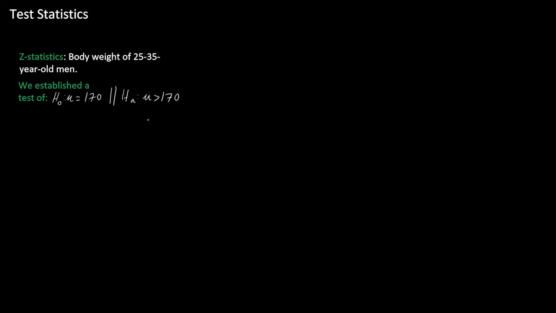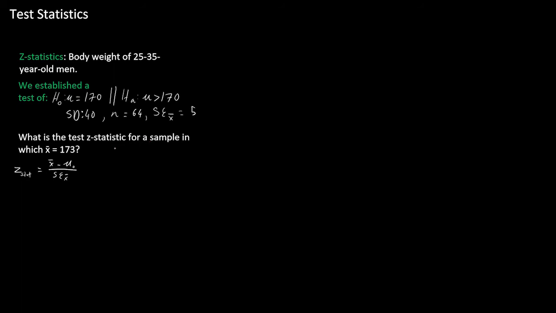And all of this is within the population standard deviation of 40 pounds. Our simple random sample, with sample size n equals 64, is associated with a standard error of 5. So with this info, we can ask what is the z-stat for a sample in which the mean is 173. So we plug into that equation and we get 0.6.